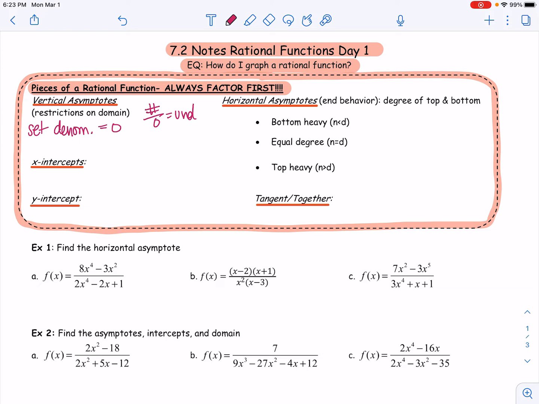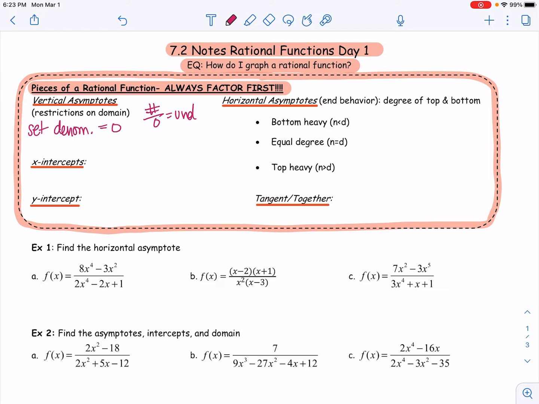You could have the bottom bigger than the top, so we would call that bottom heavy, where the degree of the denominator is bigger than the degree of the numerator. You could have equal degrees, so the same degree in the numerator and in the denominator, or you could be top heavy, where your numerator would have a bigger degree than your denominator.